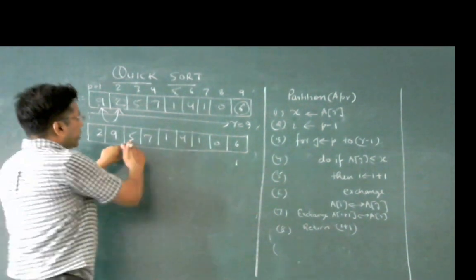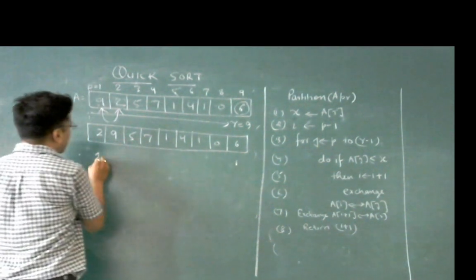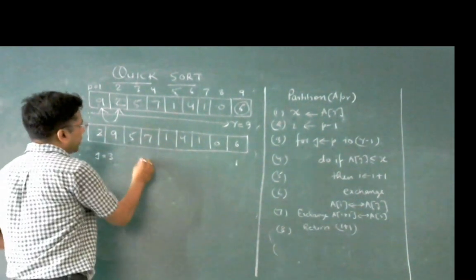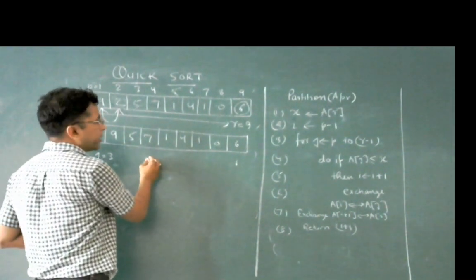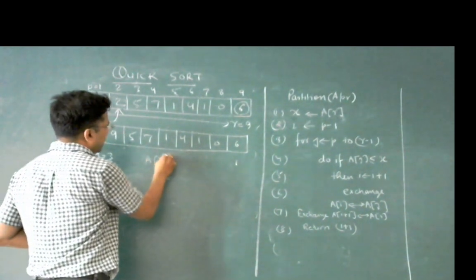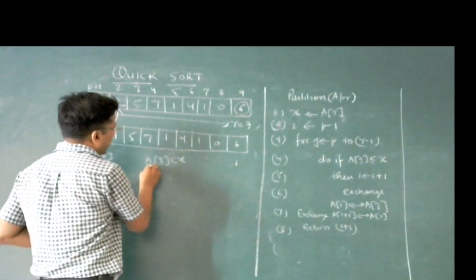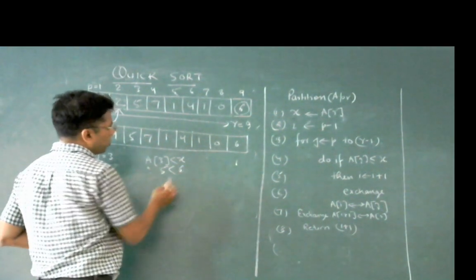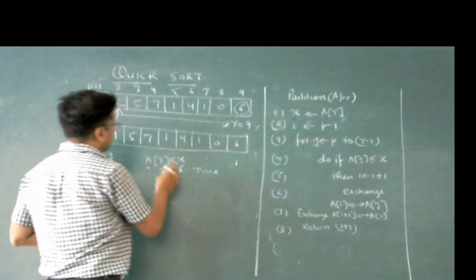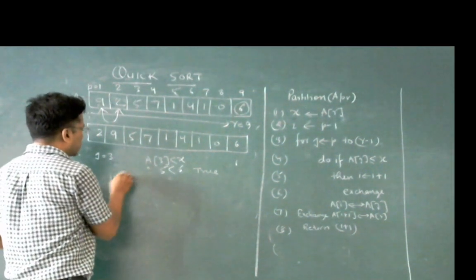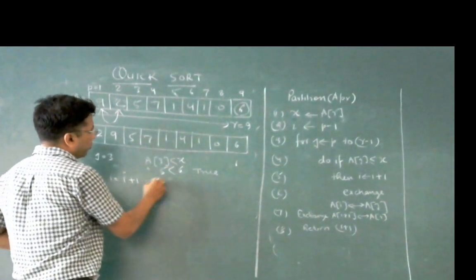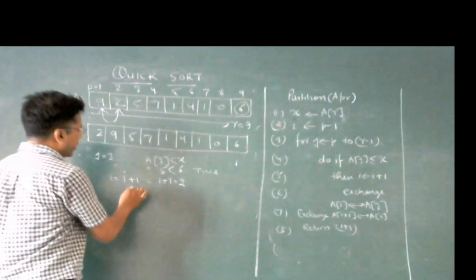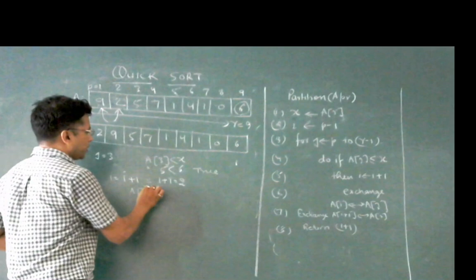For j equals to 3, the condition is satisfied, because aj is smaller than x. a3 is less than x, and a3 is 5. 5 is less than 6, true. So what will happen? i will be i plus 1, which is 1 plus 1 equals to 2, and ai will be exchanged with aj.